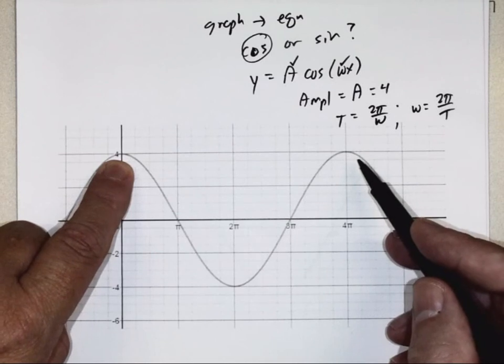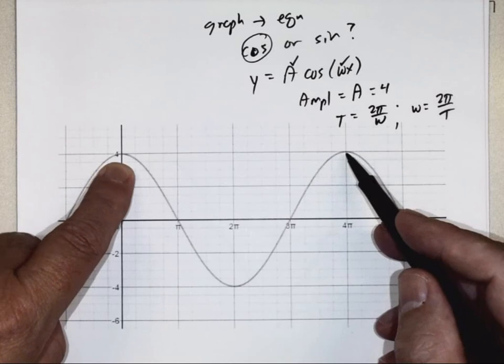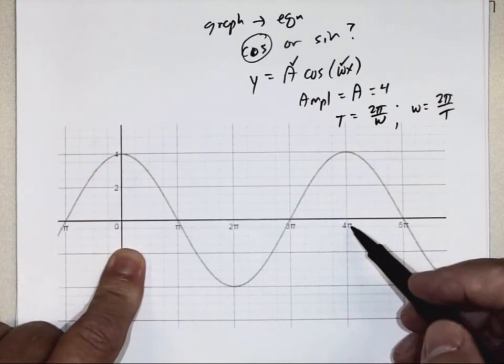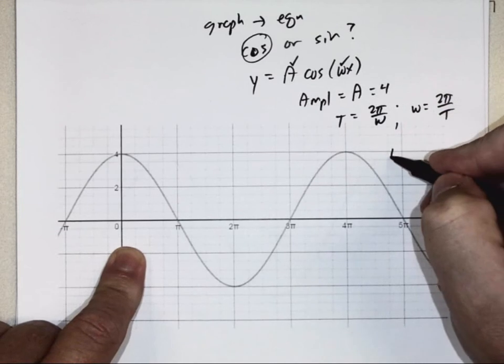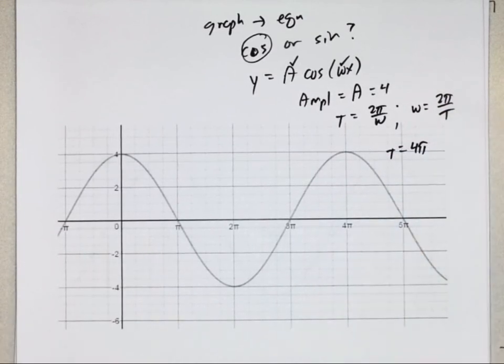So that means the period, the distance where it starts to repeat, is from here to here, which looks like in this graph, it says 4 pi. So T is 4 pi.